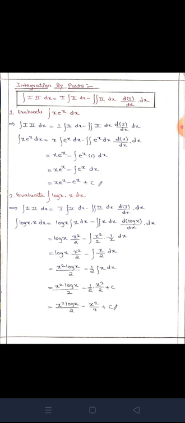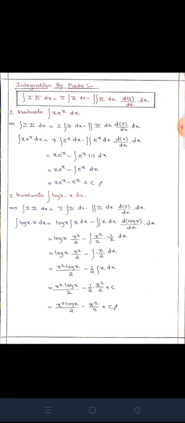Next step, log x as it is. Integration of x is x square divided by 2, minus, again one integration sign kept as it is, integration of x is x square divided by 2. Then differentiation of log x is 1 by x dx.